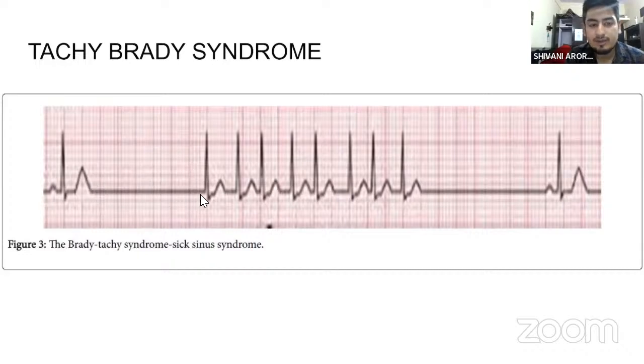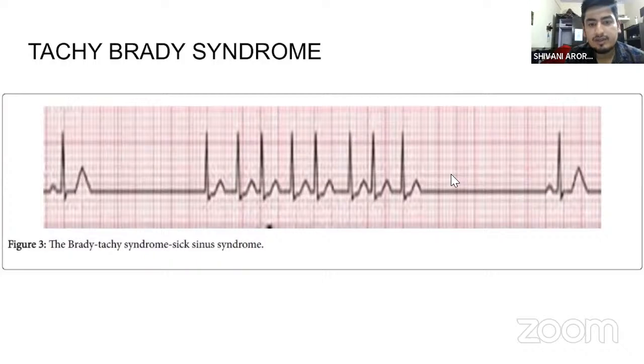And when the SA node stopped firing suddenly, at one point the atria take up the work and atrial fibrillation started. So we have this tachycardia as atrial fibrillation here. And again, when atrial fibrillation stopped, there is this sinus pause, and the SA node takes up the work, and again bradycardia started.